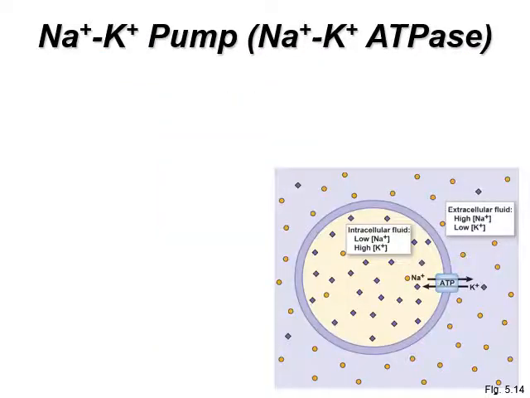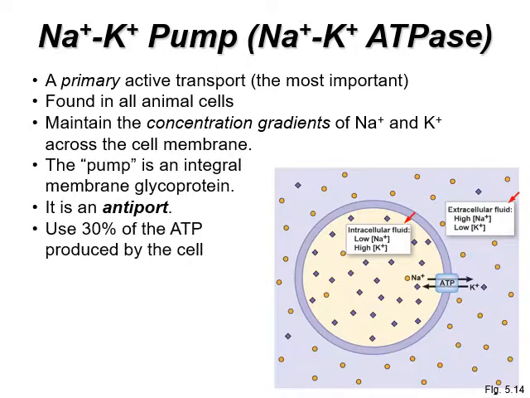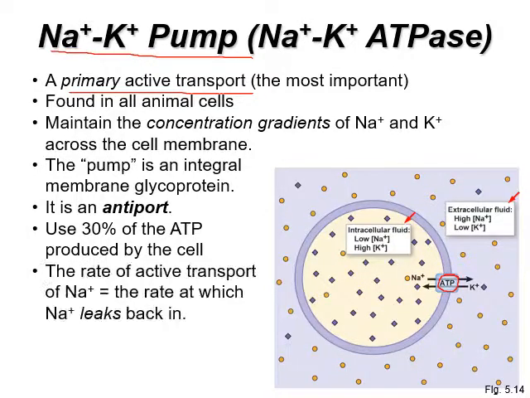All right, so here's the coup de grace. This is the one I'm going to be harping on all semester. This is the sodium-potassium pump. Okay, it is primary active transport. It is using ATP here. It is found in all animal cells.